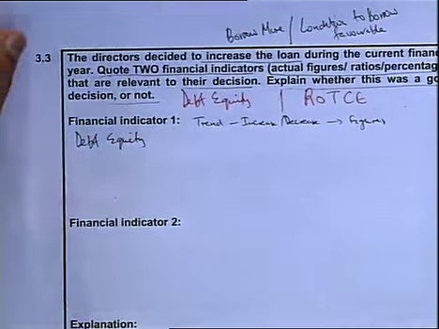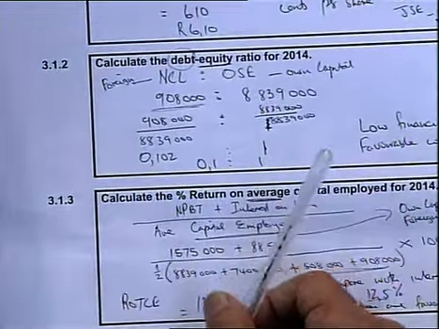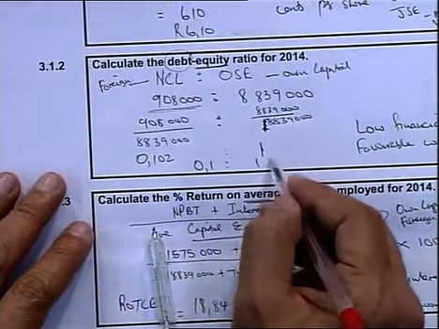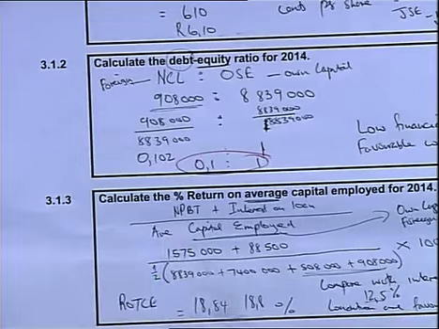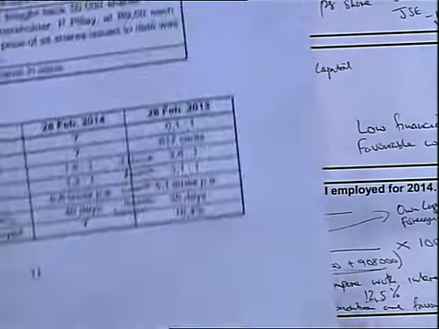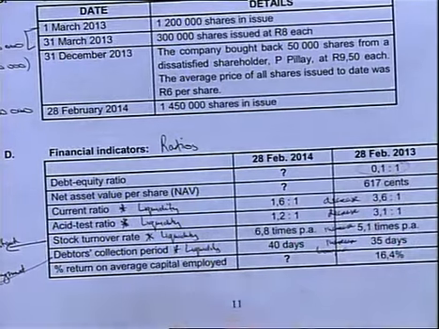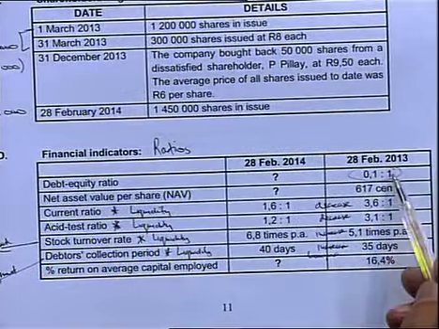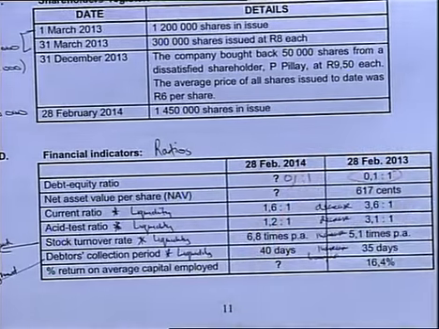So what happened to the debt equity? If you remember, we had to calculate the debt equity, the second part. Now we're going to need that answer. What was the debt equity last year? Last year the debt equity was 0,1, and this year the debt equity is also 0,1.